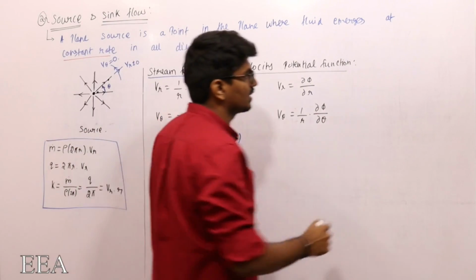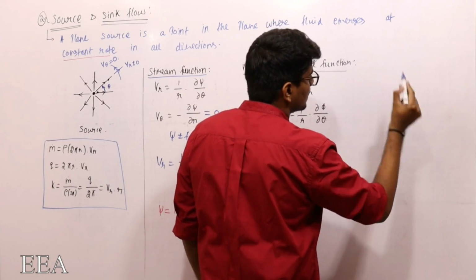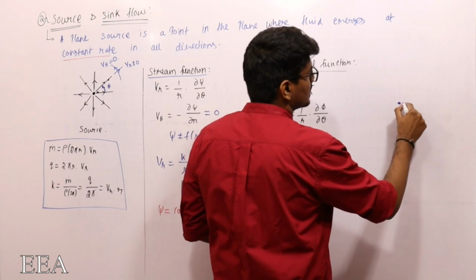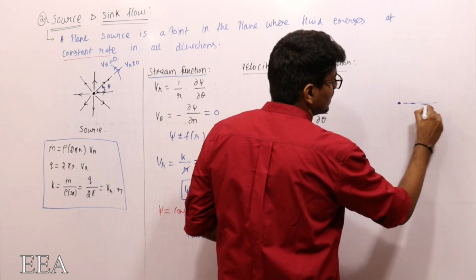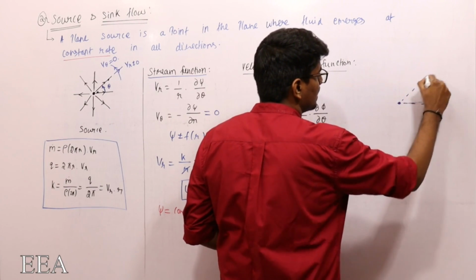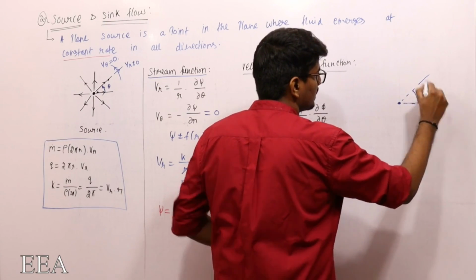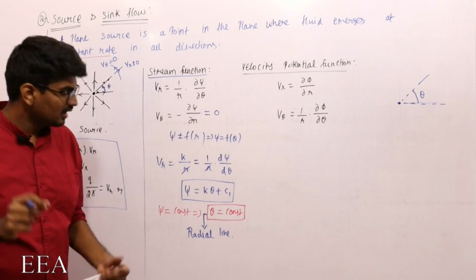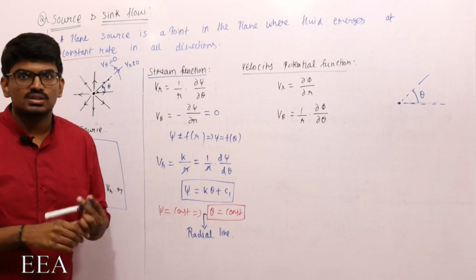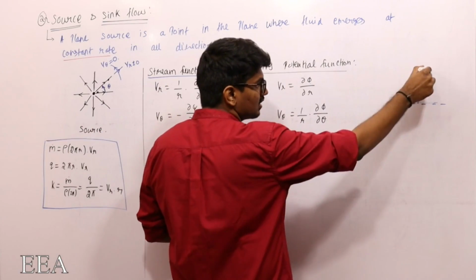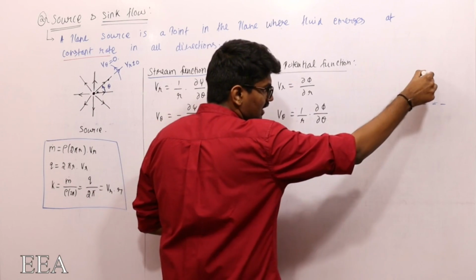Let me show you there. If I take my source here, let us consider the horizontal line as our reference, and I'm fixing theta for drawing a constant stream function line. If theta has to be constant, the only line is the radial line, right?